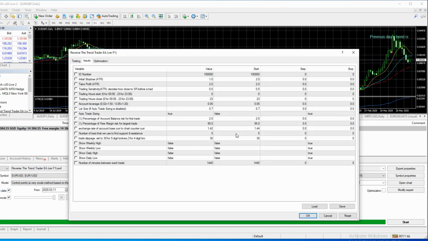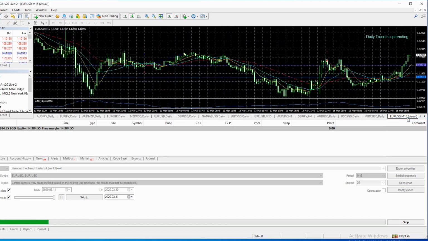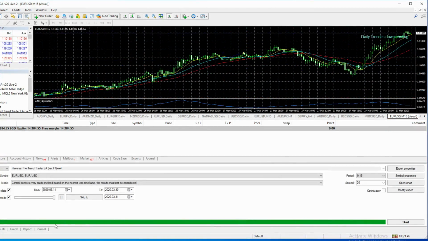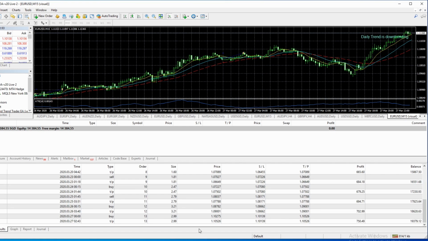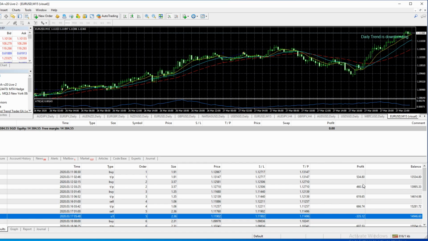In this case, if I set it to 1:1, okay, let's run the backtest again. Okay, let's close so I'll run it at full speed. And let's check out the results. Yeah, so now it's correct.